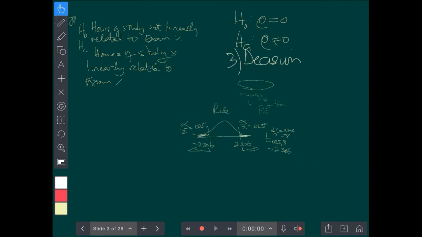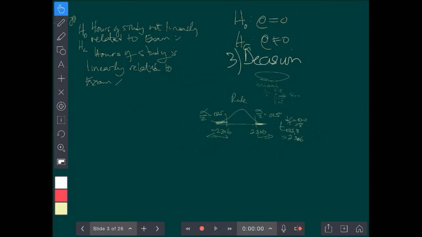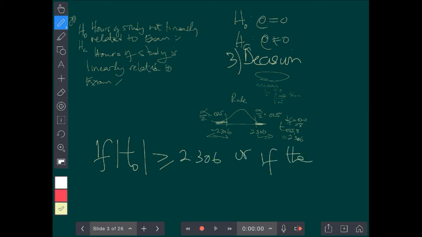I'm going to move this out of the way a little bit. And so we will write, if the absolute value of t observed is greater than or equal to 2.306, or if the p-value is less than or equal to 0.05, we will reject the null hypothesis. So that is the decision rule.